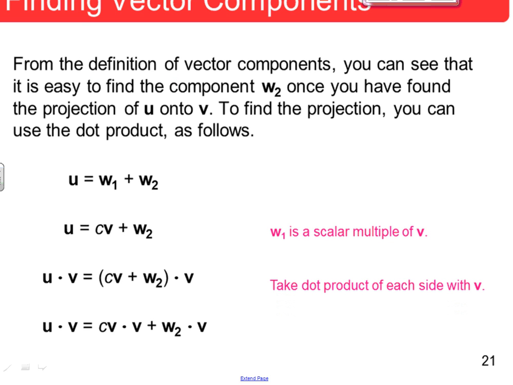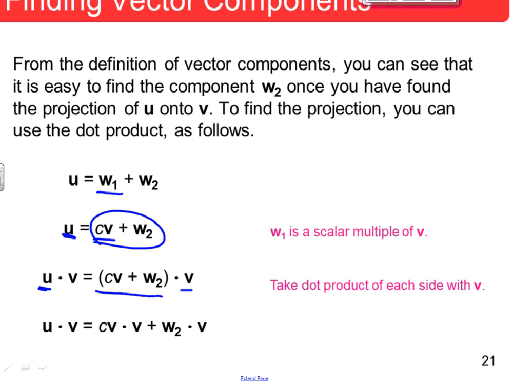You know that U is equal to W1 plus W2, and you also know that W1 is a scalar multiple of V. And we were told that so that we can substitute W1 with C times V. Then we're going to take the dot product of each side with V. So we take U and dot with V, and then this whole piece and find the dot product with V.